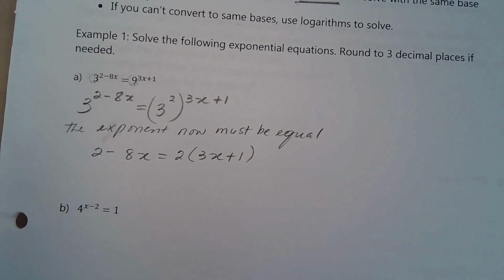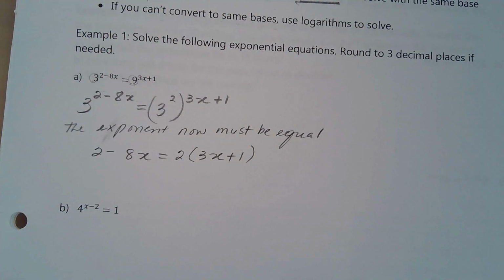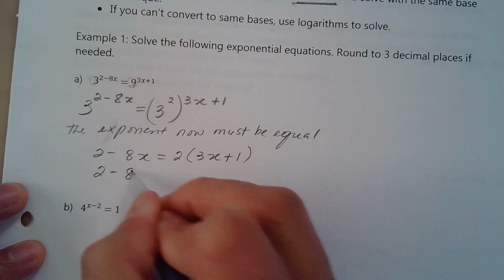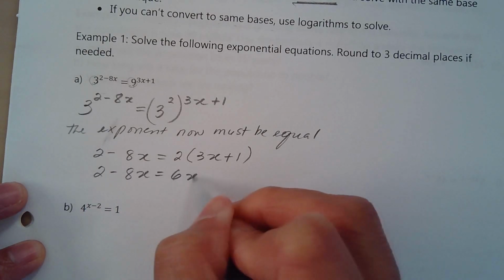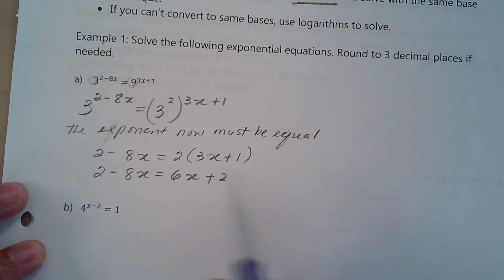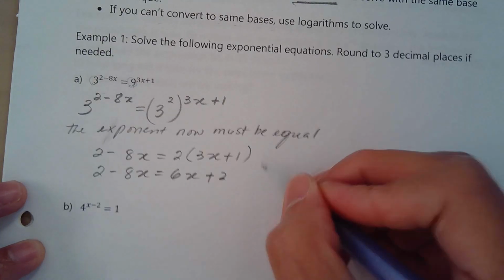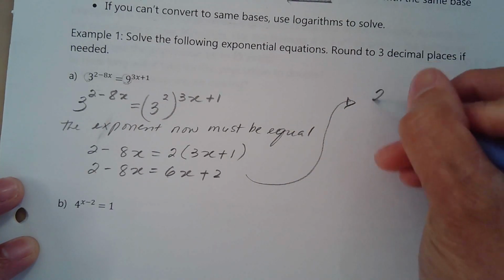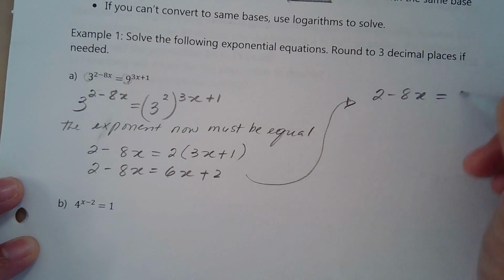Then from here, it's a matter of solving for x, isolating the variable x. So 2 minus 8x equals 6x plus 2.